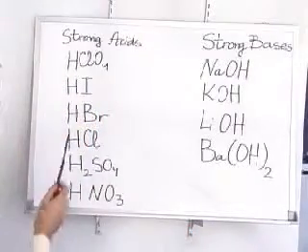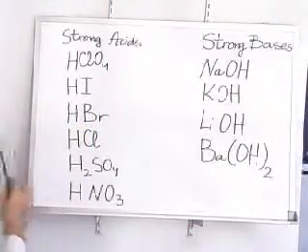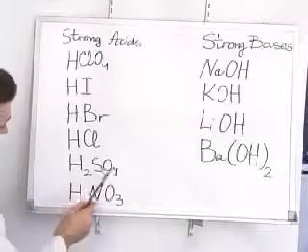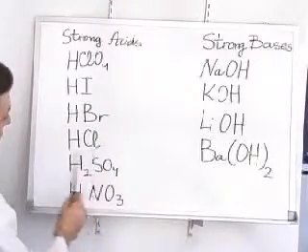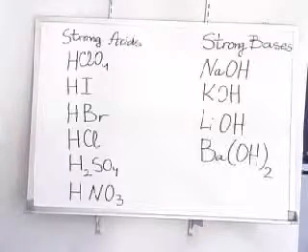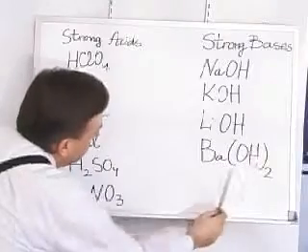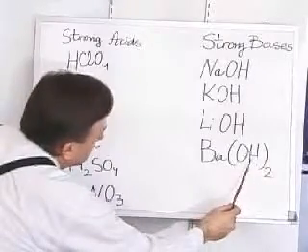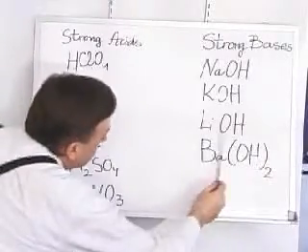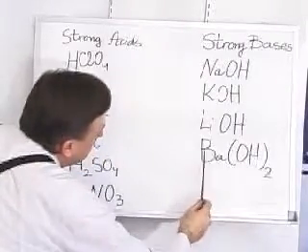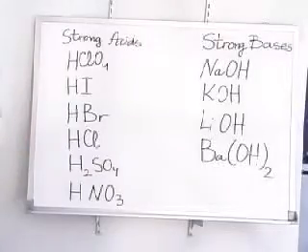You may notice that sulfuric acid, for instance, has 2 protons to donate per mole of sulfuric acid. That's why it's called a polyprotic acid. Also, barium hydroxide can donate 2 hydroxide ions per mole of barium hydroxide. That's why this is a polybasic substance.